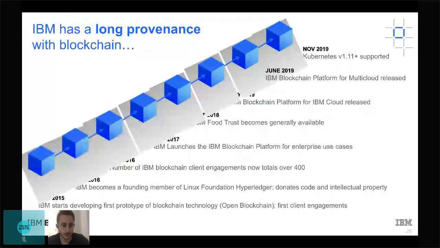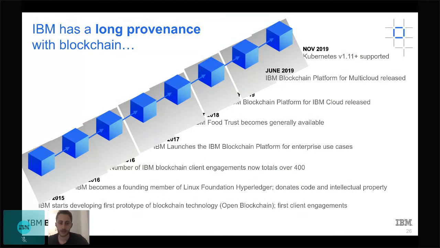This slide looks a little funky here, but I think the main idea is that IBM's been working in blockchain for a long time. Since 2015, we've started using and building a blockchain and a specific protocol today known as Hyperledger Fabric.